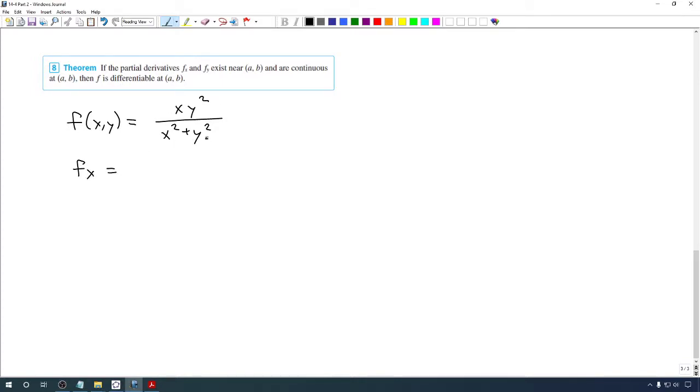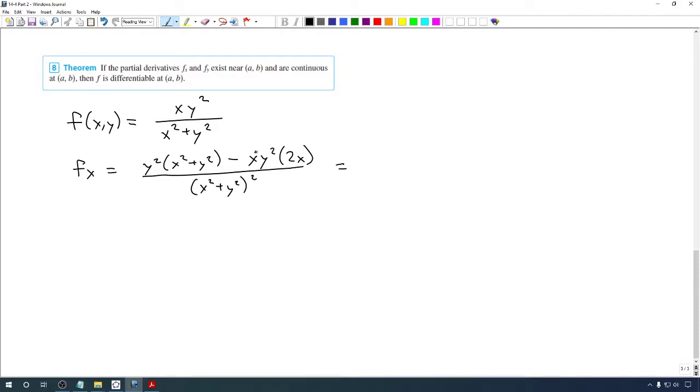We have to use the quotient rule here. So we have to take the derivative of the top with respect to x, which is y squared, times the bottom, minus the top, times the derivative of the bottom, which is just going to be 2x, over the bottom squared.